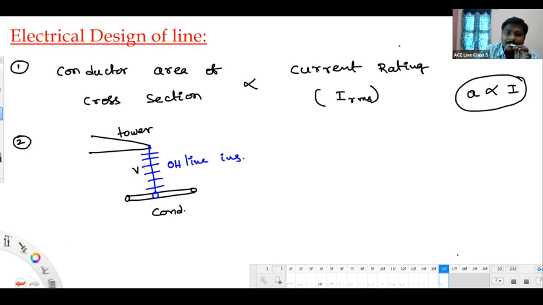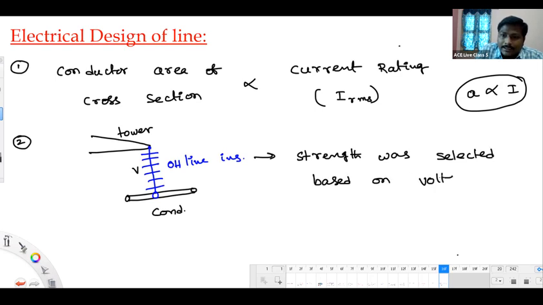So we should select the insulation strength based on how much voltage we are going to apply. So in this point, overhead line insulator strength is selected based on voltage level.